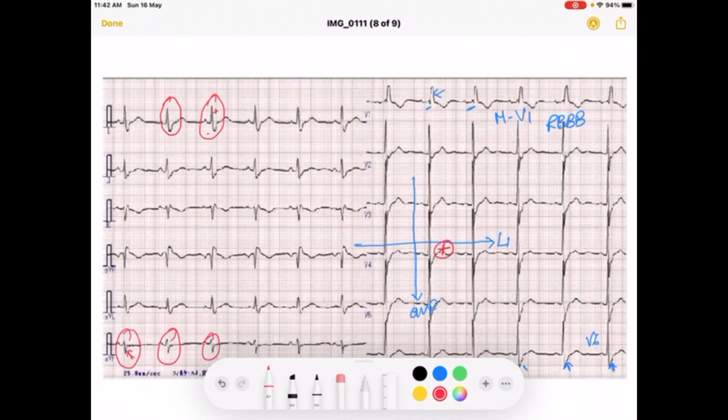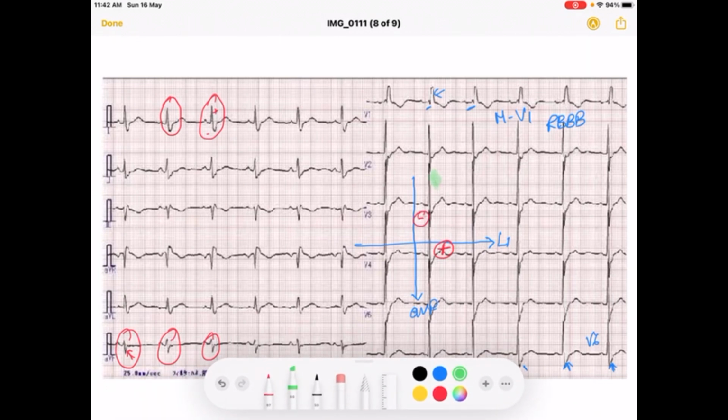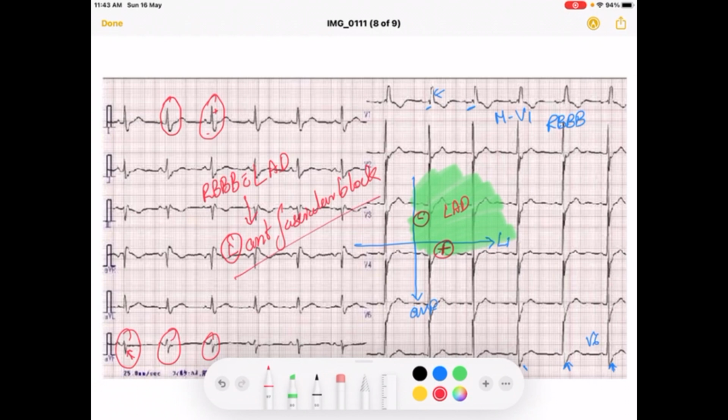So the vector comes in this quadrant, so it is left axis deviation. So right bundle branch block with left axis deviation is left anterior fascicular block.